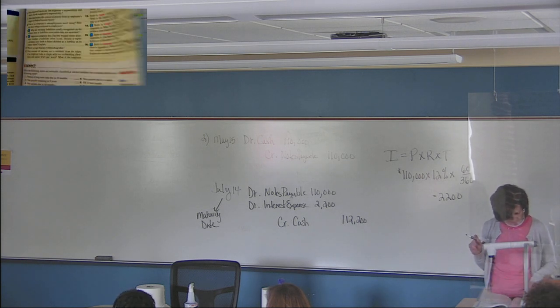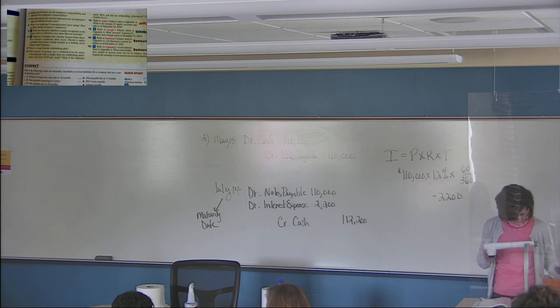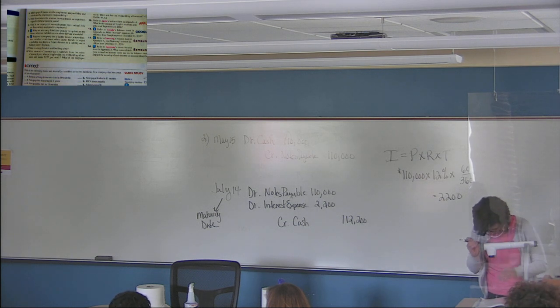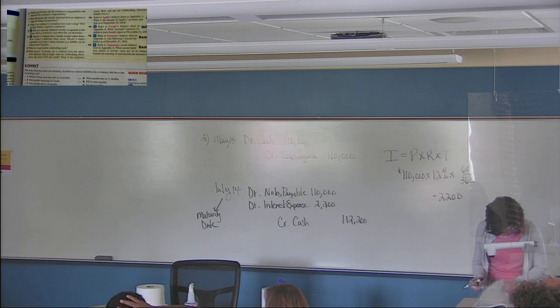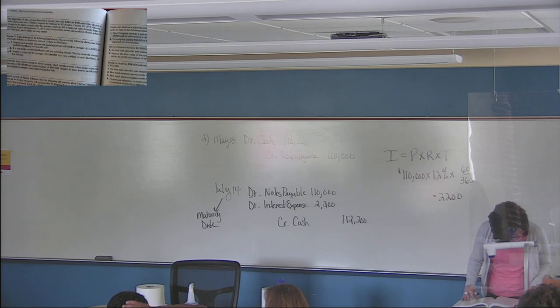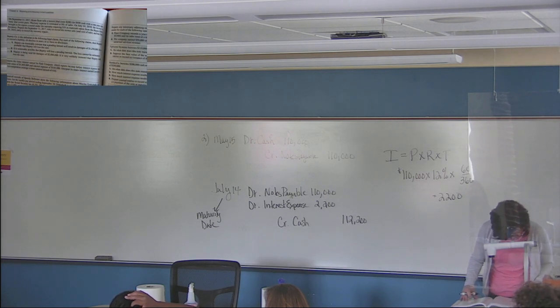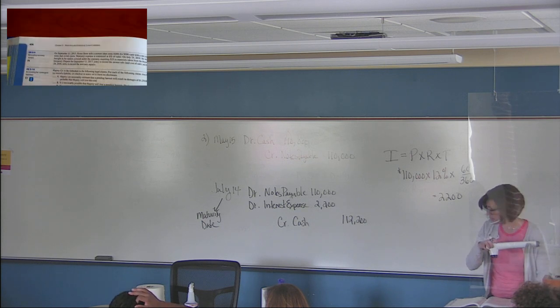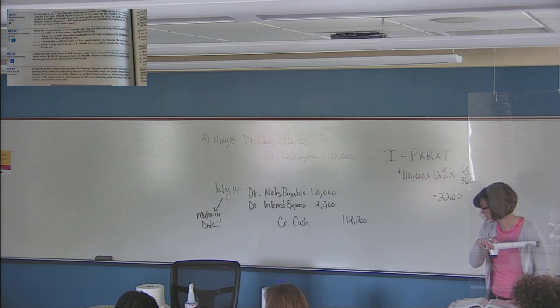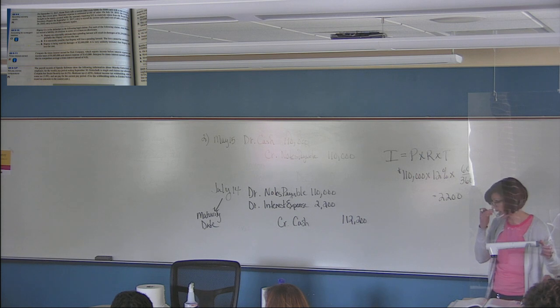There is one other question I want to look at with you guys, and that deals with contingencies. So the other day we talked about contingencies, and we talked about a variety of examples.